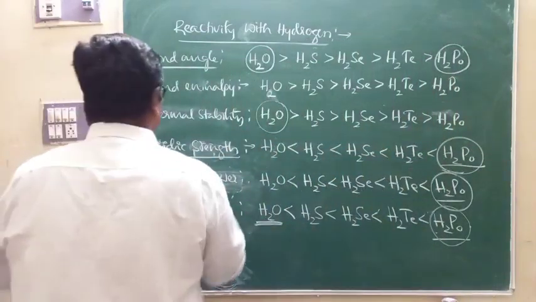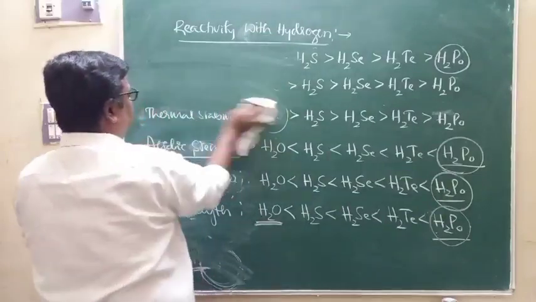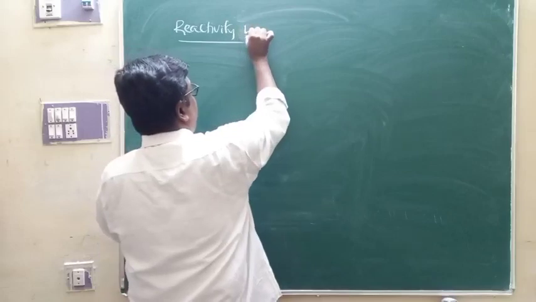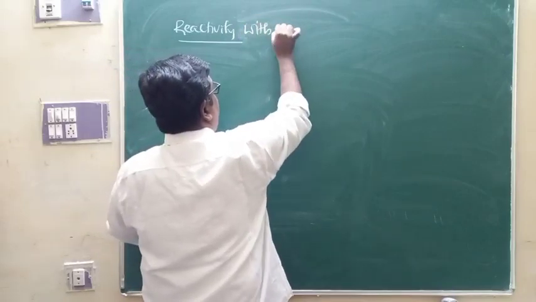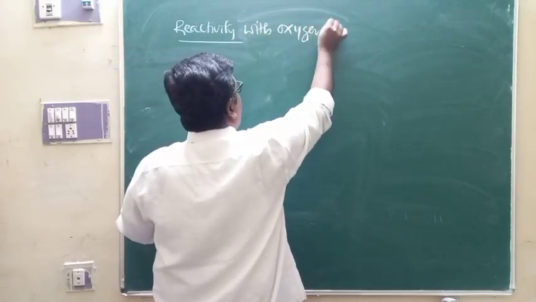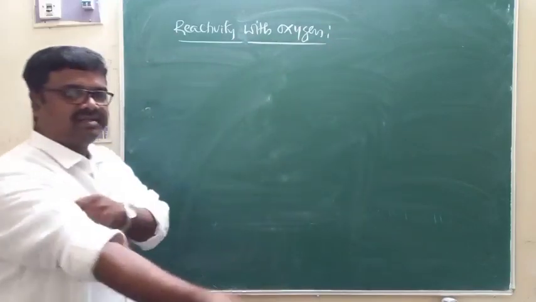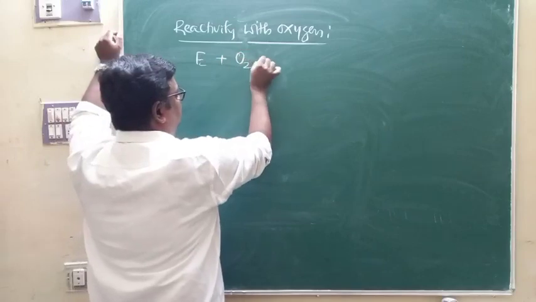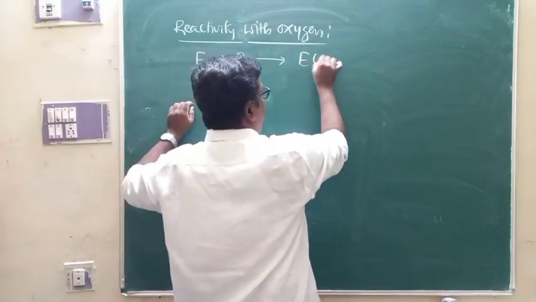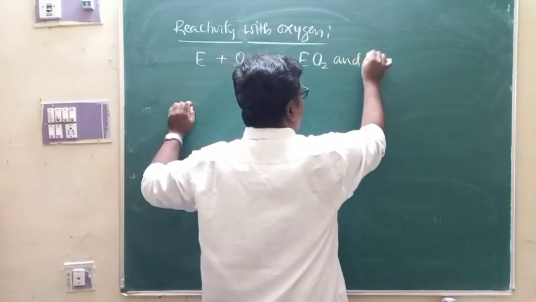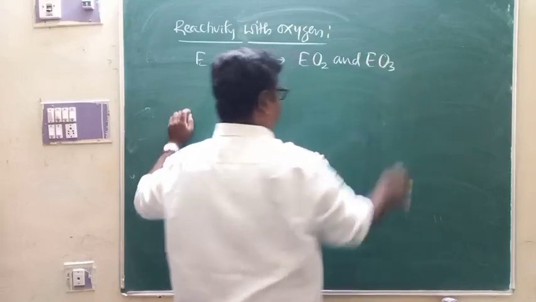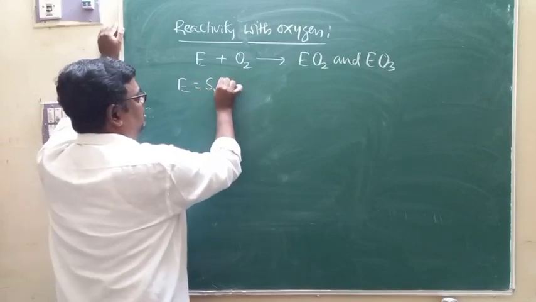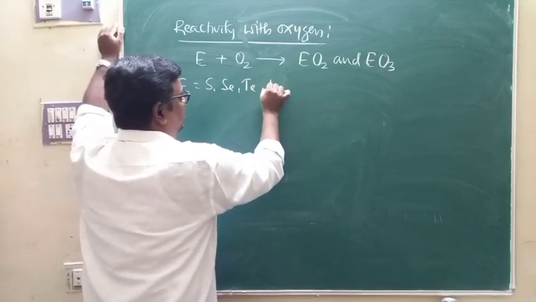So this is what we call reactivity with hydrogen, right? Now, reactivity with oxygen. How do these group 16 elements react with oxygen? If a group 16 element E reacts with oxygen, you are going to get EO2 and EO3 type oxides, where E corresponds to sulfur, selenium, tellurium and polonium.